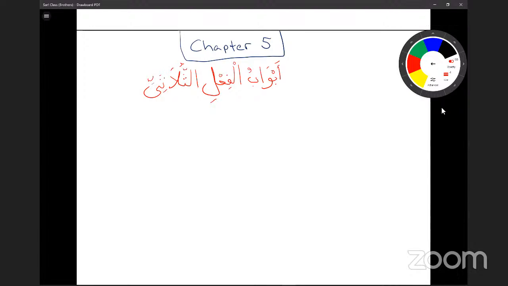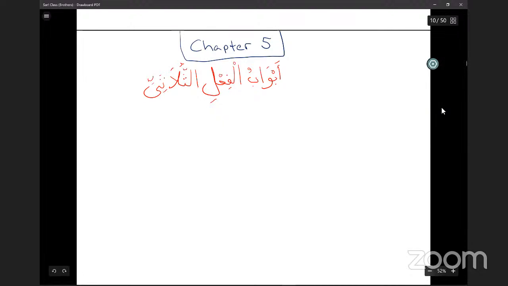أبواب الفعل الثلاثي, which we know translates into the three-lettered past tense verb. What we need to know is what abwab is. So to help understand what abwab is, we have to go back a little bit and remember the awzan.